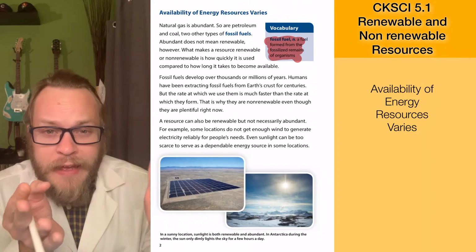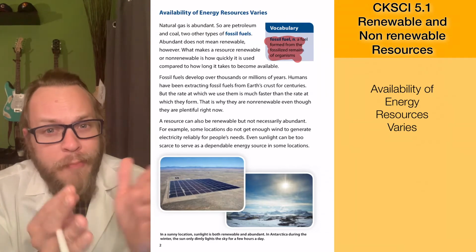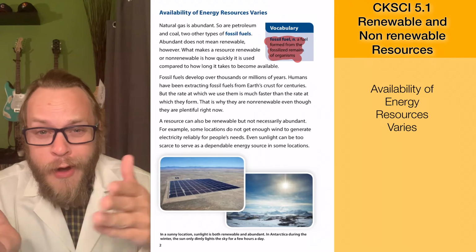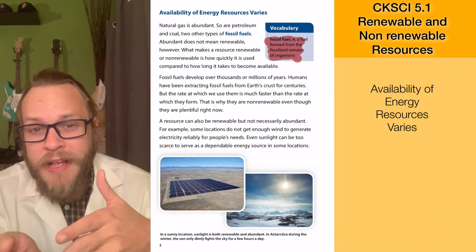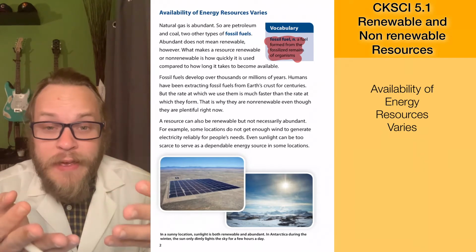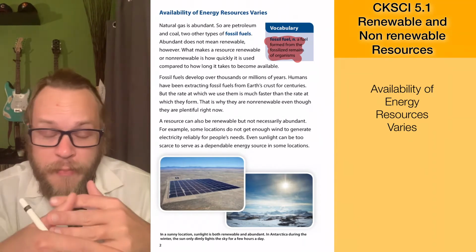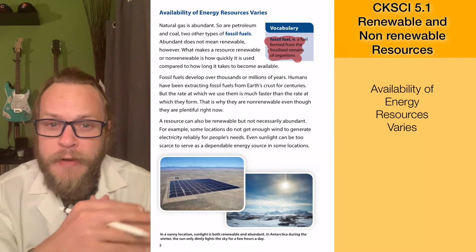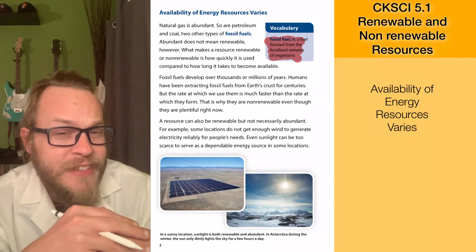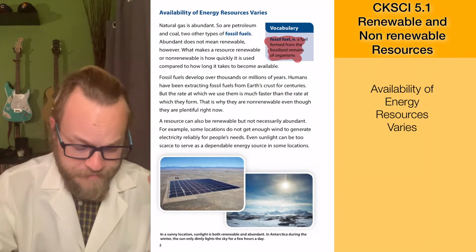Up in the Arctic Circle in Alaska, probably not a good candidate for solar energy because during their winter months, they have some days where they don't see any sunlight at all, depending on how far north they go, up until the North Pole, where you can have up to 60 days with no sunlight.